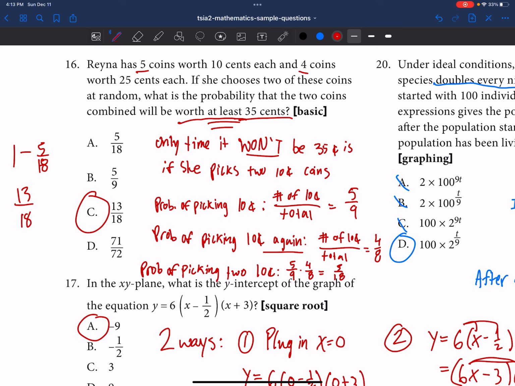To explain that, probability always adds up to 100%, which we use 1, right? Because we do fractions as less than 1. So 100% is 1. So you essentially take 1 minus the probability of the event not happening. That tells you the probability of the event that is happening.